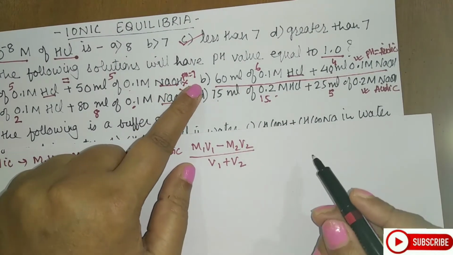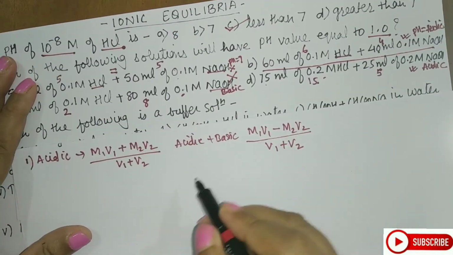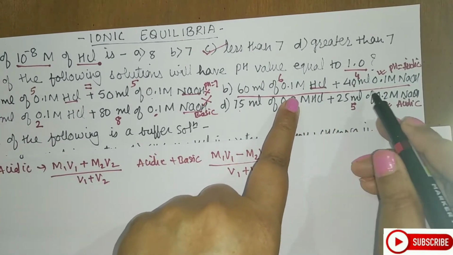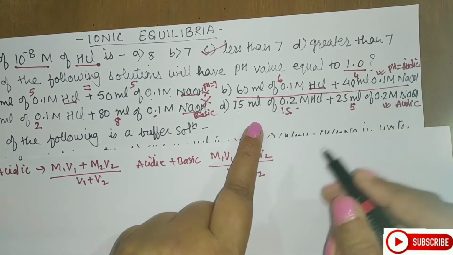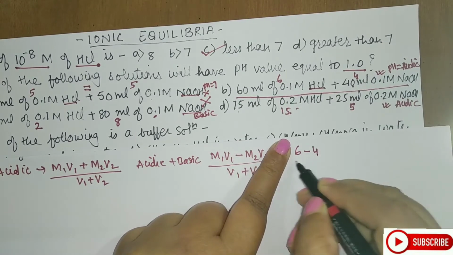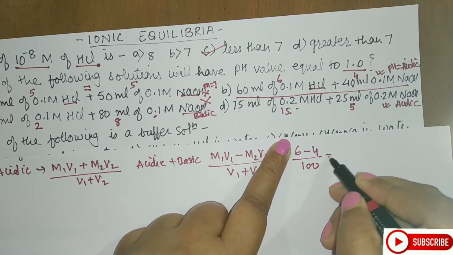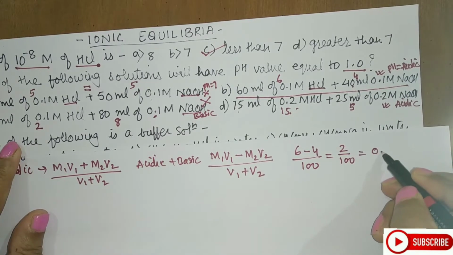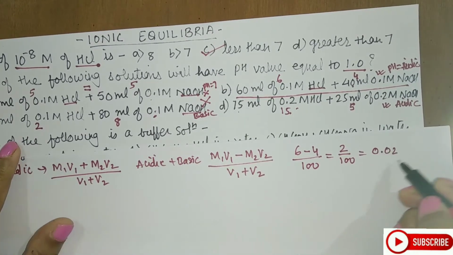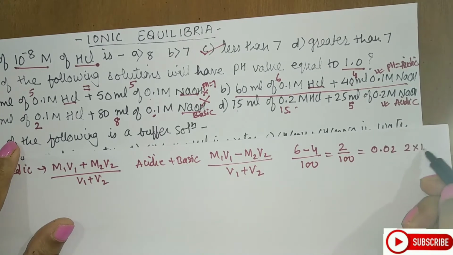So let us go for the second option, that is 60 ml of 0.1 and 40 ml of 0.1 of NaOH. So this will be 6 minus 4 upon 100. So this will be 2 upon 100. So that is 0.02 or 2 into 10 raised to minus 2.